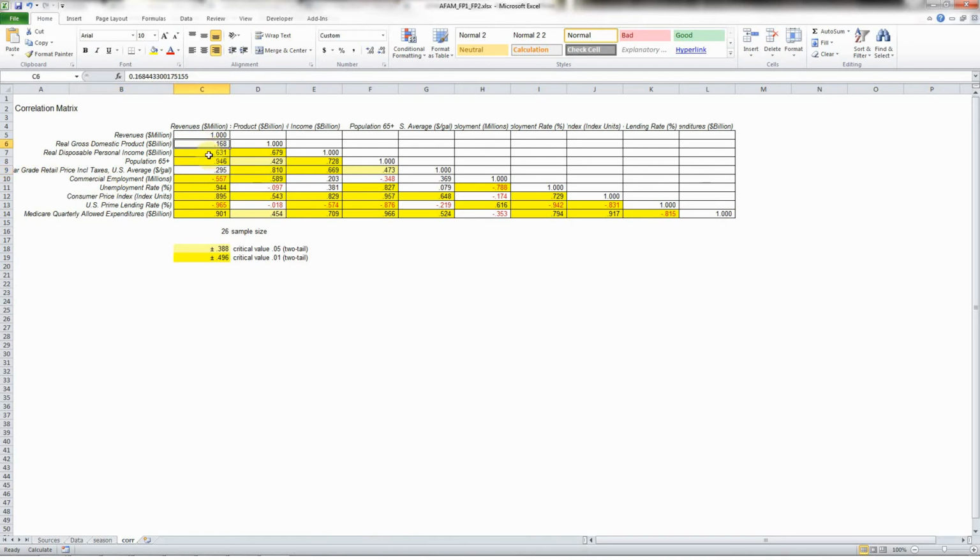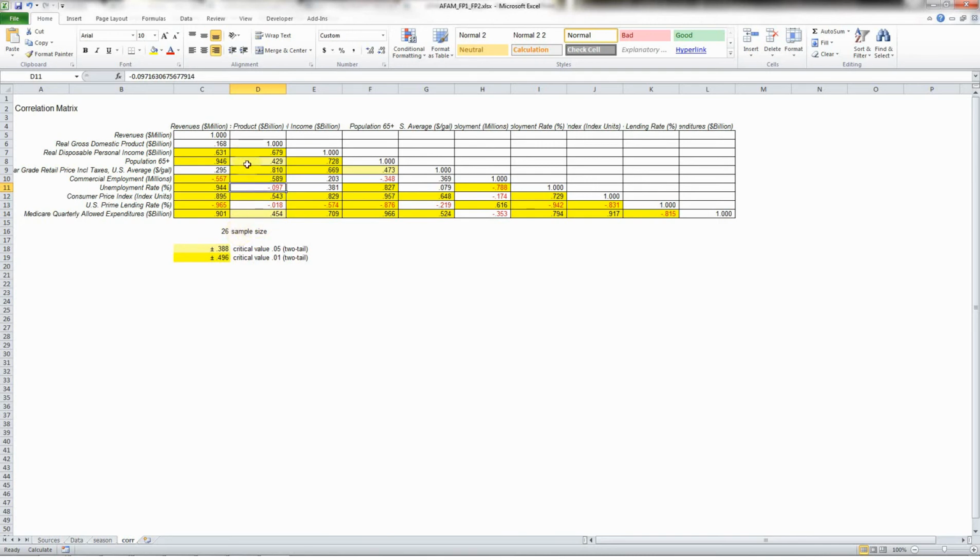You also notice that some things are yellow and some things are not yellow. The ones that are not yellow are not significant according to either the 0.05 level of significance or the 0.01 level of significance. So, of course, whenever you see critical values or p-values, it's going to tell you that there's a hypothesis behind it.